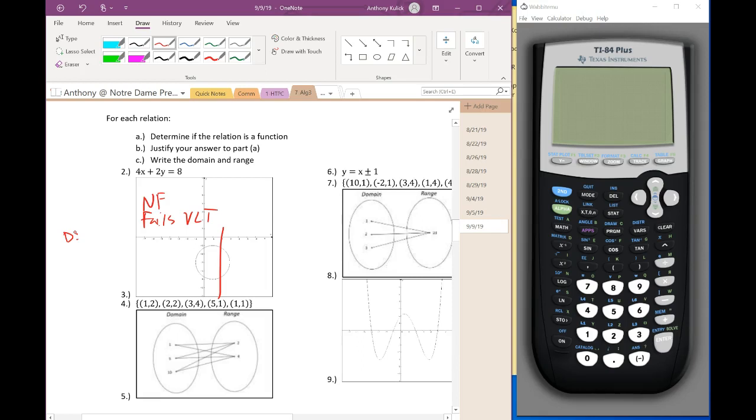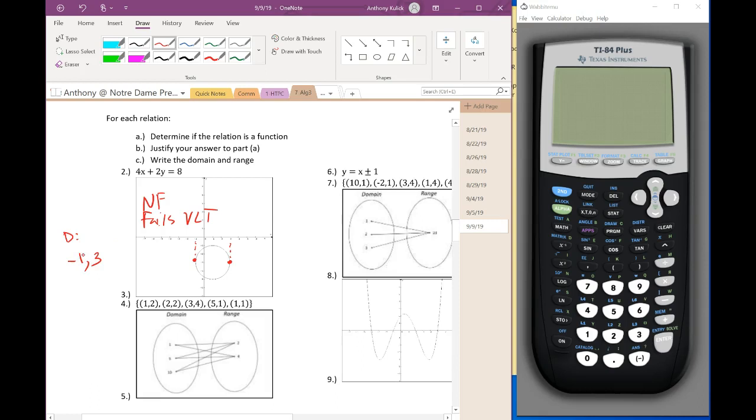So for the domain, I want to locate the leftmost point, which would be like this spot right here. Everybody agree with that? I think that's a -1 right there that it's matching up with. That's okay though. And then I'd find the rightmost point, which looks like it would be here. And that looks like it's matching up with 3. Everybody okay there?